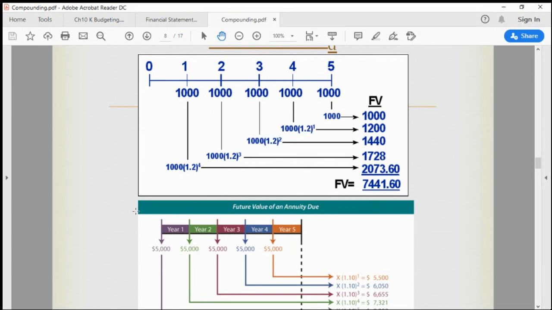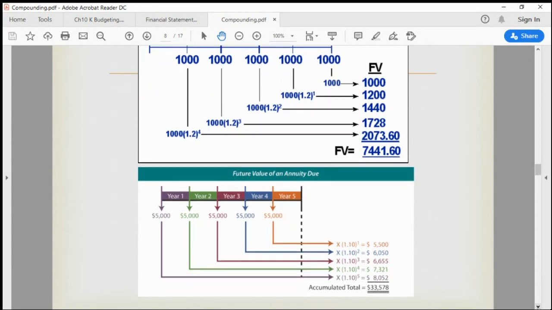Now, let's take a look at another example, also a scaled down version, right? This annuity starts from the beginning of year 1, so time 0. So in this example, you're making a $5,000 deposit or payment.